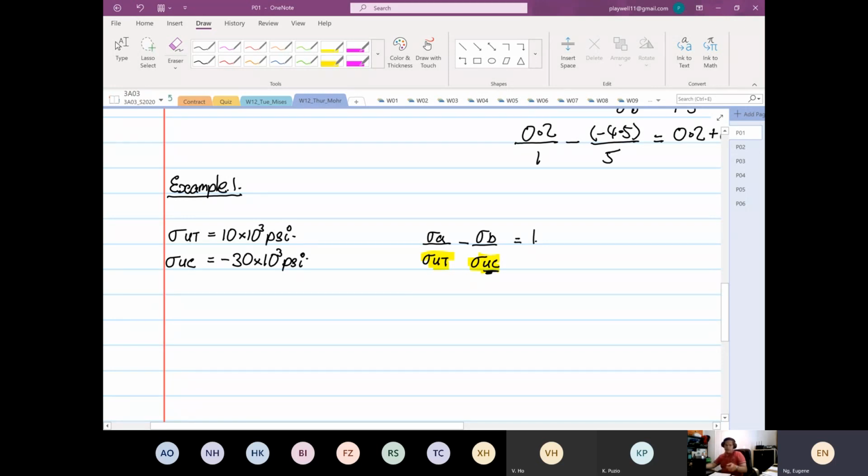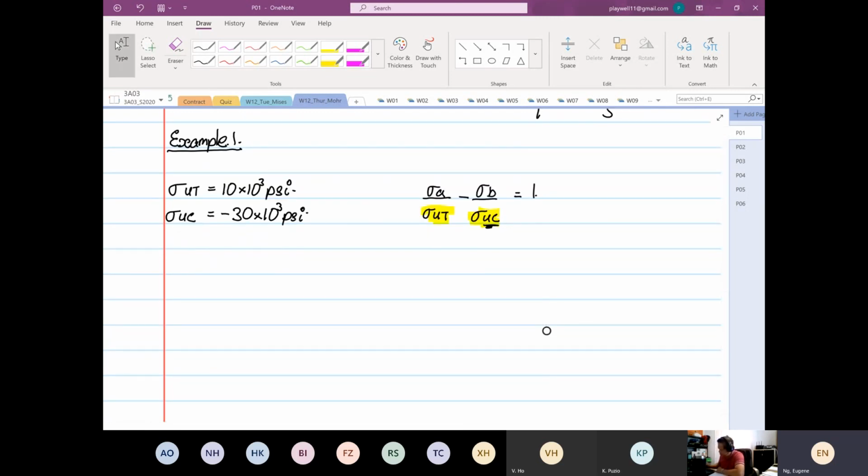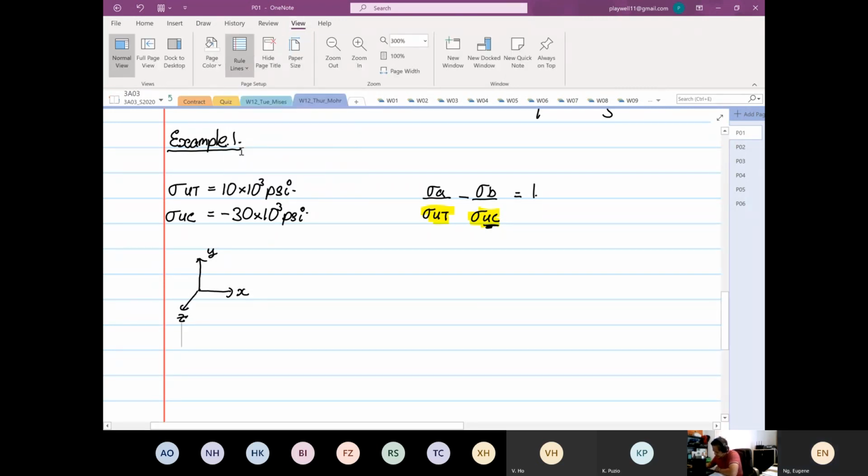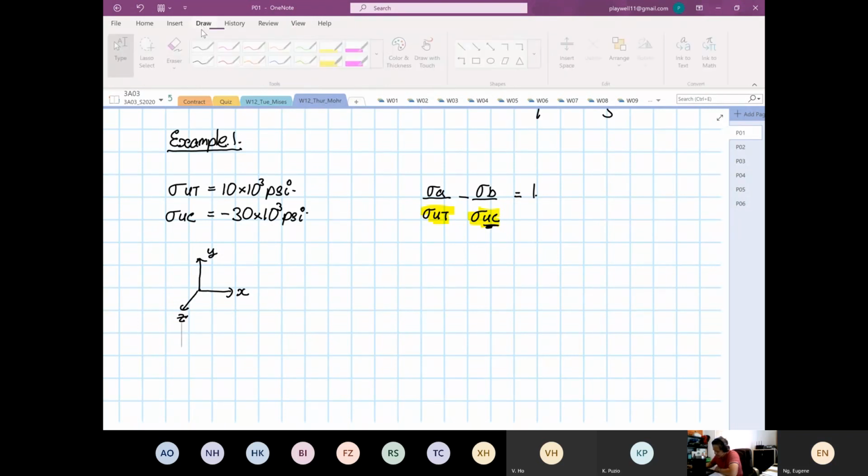Given that those are the mechanical properties of a structure, we are given an element, x, y, and then z. So I'm going to construct an element now. This is our element.